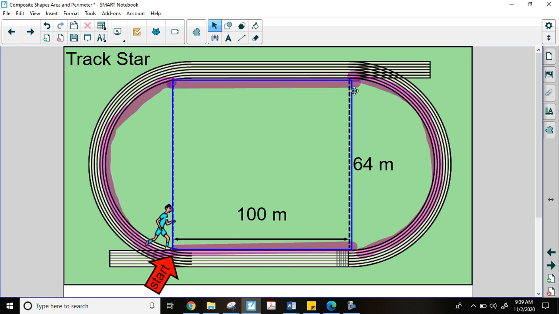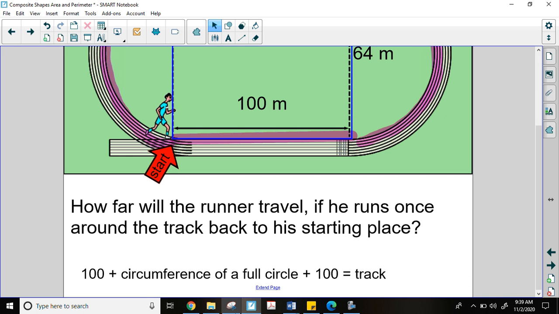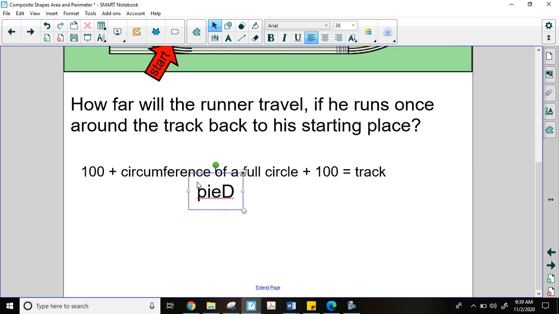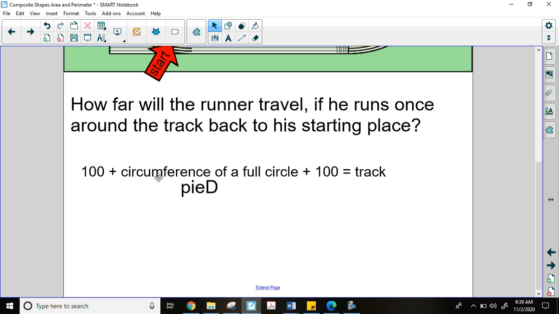So I'm going to use pi d here for the circumference of a circle. Now, I want you to hit pause, and I want you to see if you can get to this answer. I want you to do the calculation. So hit pause right now and see if you can get to this answer.